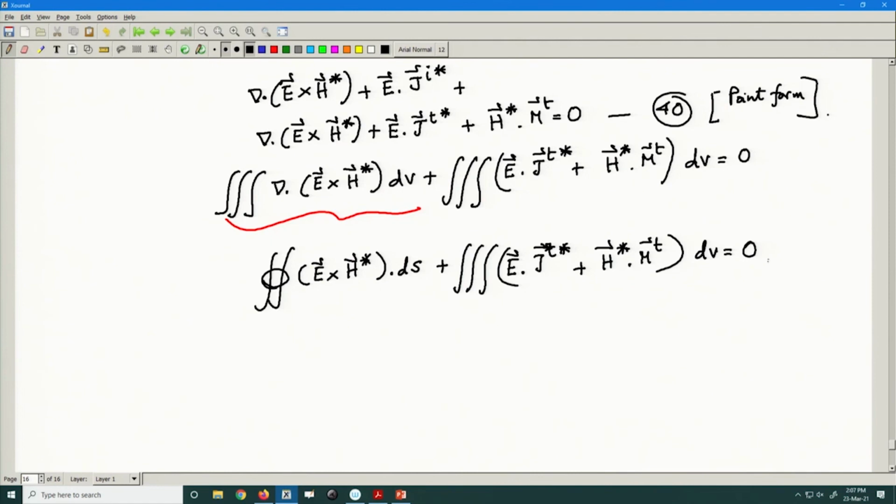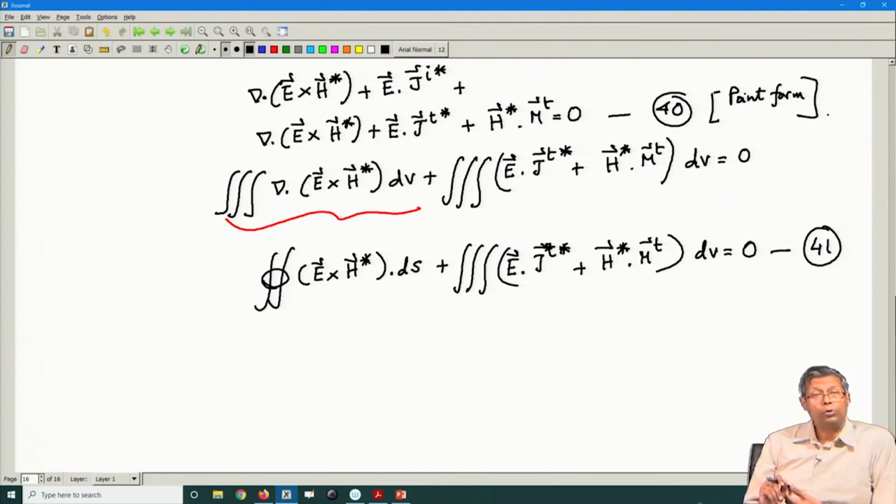We call this equation number 41. We compare 40 and 41 with 18 and 19 for the corresponding instantaneous domain.